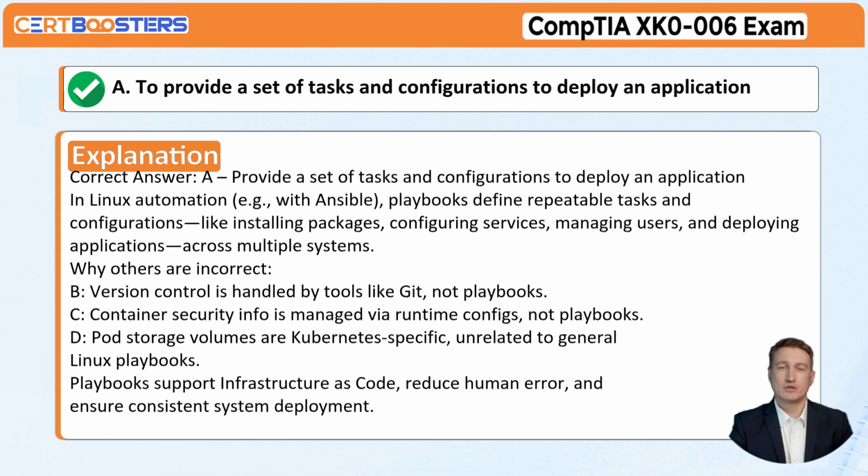B. Version control is handled by tools like Git, not playbooks. C. Container security info is managed via runtime configs, not playbooks. D. Pod storage volumes are Kubernetes specific, unrelated to general Linux playbooks. Playbooks support infrastructure as code, reduce human error, and ensure consistent system deployment.